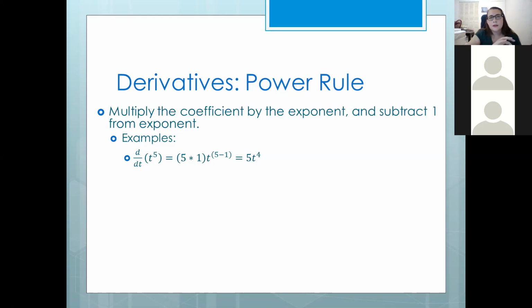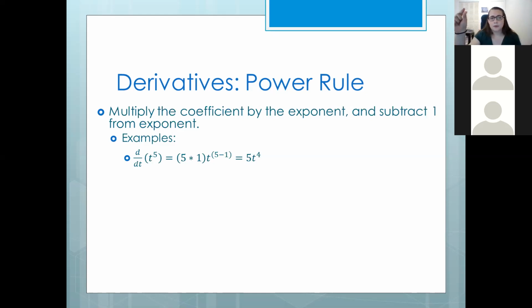So we multiply that coefficient by the exponent, in this case 5 times 1, and then we subtract 1 from the exponent. So t to the 5 minus 1. So the derivative of this function, t to the 5th, is 5t to the 4th. You can see we've brought that exponent down, multiplied it by the coefficient in front, and then subtracted 1 from the exponent.